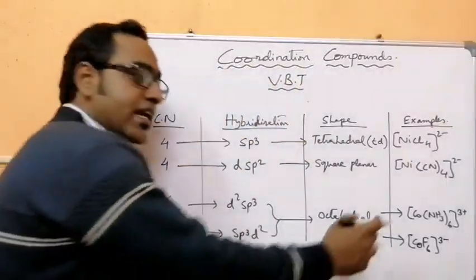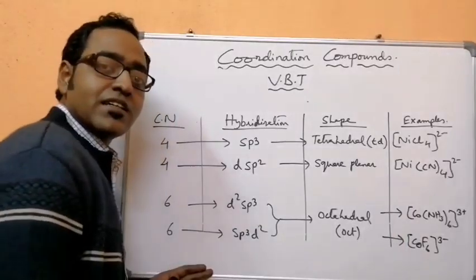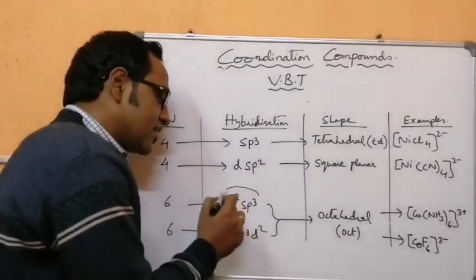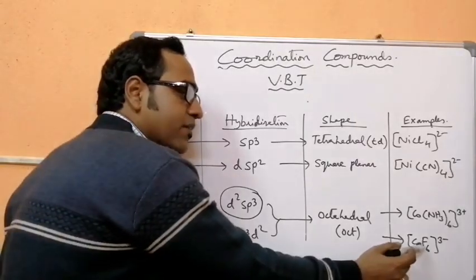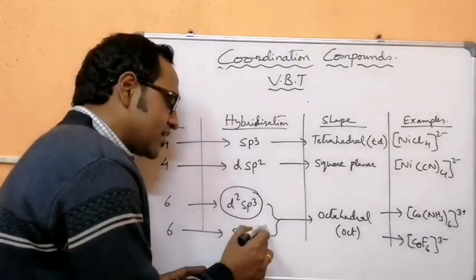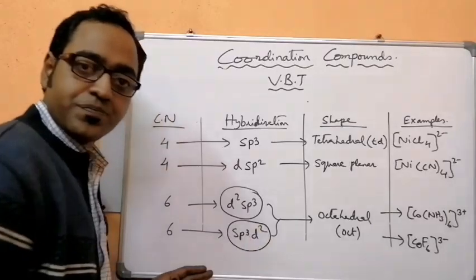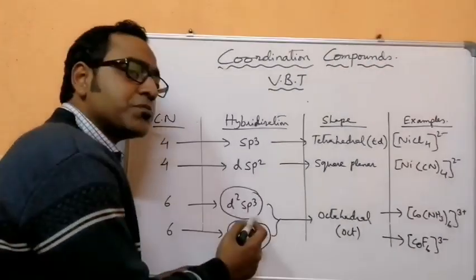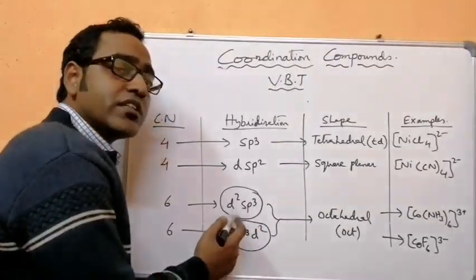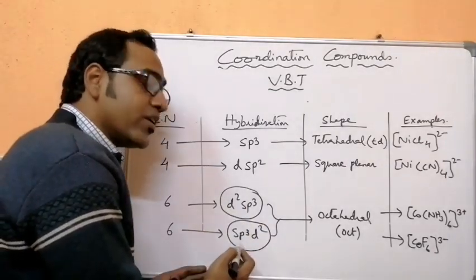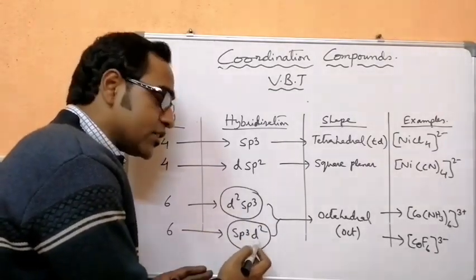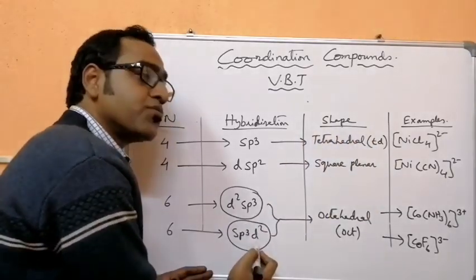In the case of [Co(NH3)6] 3 plus the hybridization is d2sp3, and in the case of [CoF6] 3 minus the hybridization is sp3d2. Now d2sp3 means it is using the inner d, that is 3d, and sp3d2 means it is using the outer d, that is 4d.